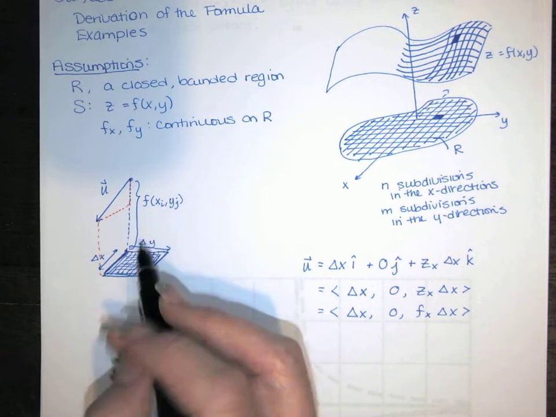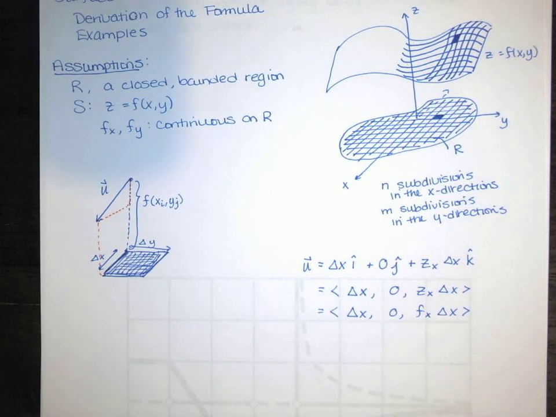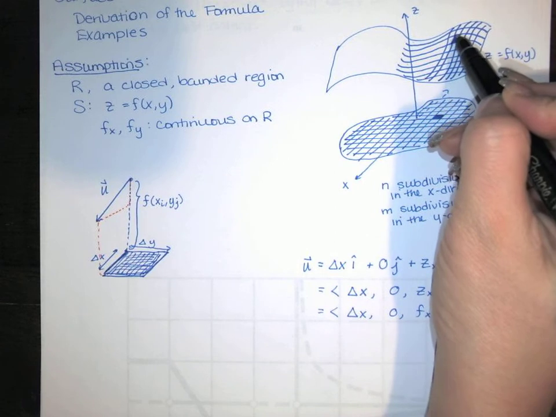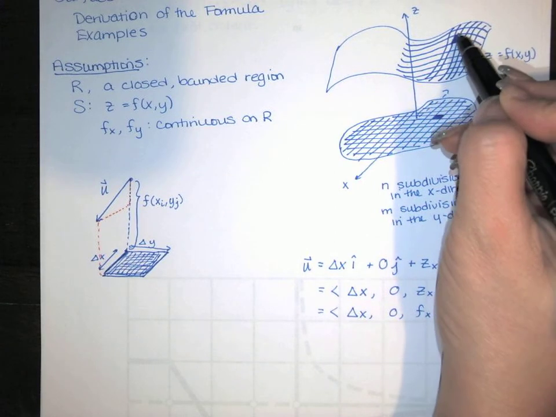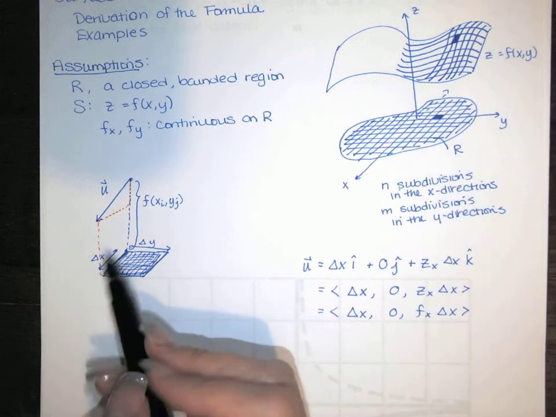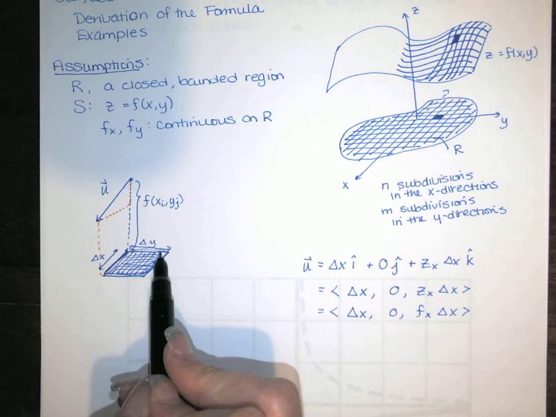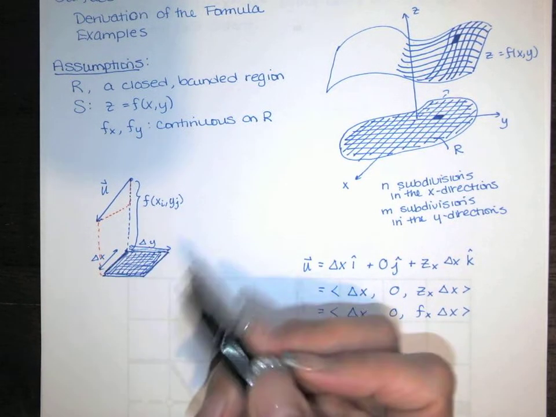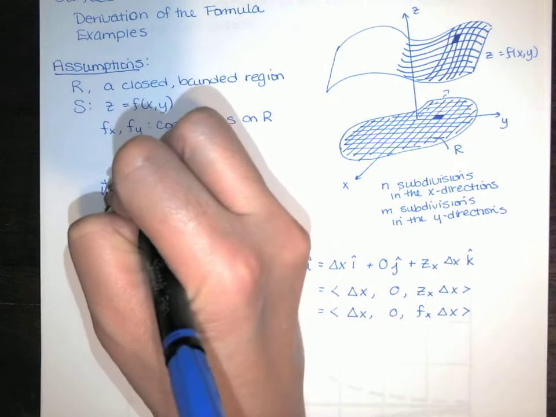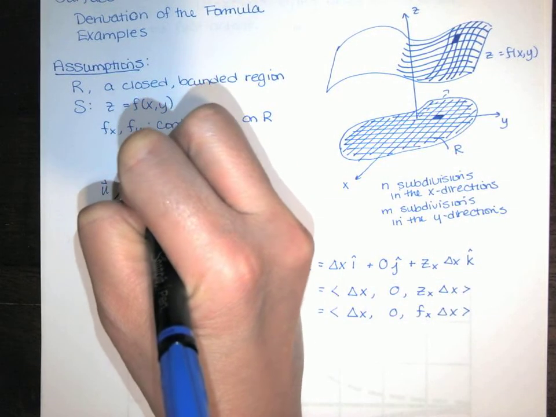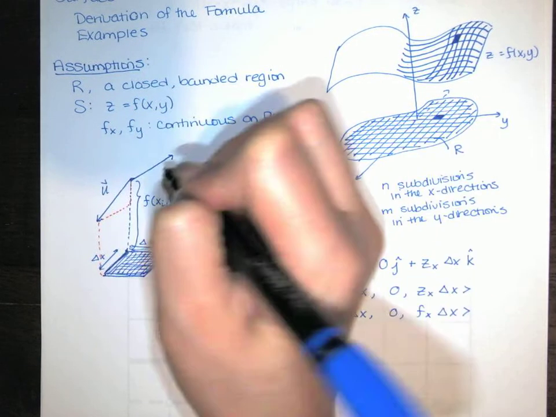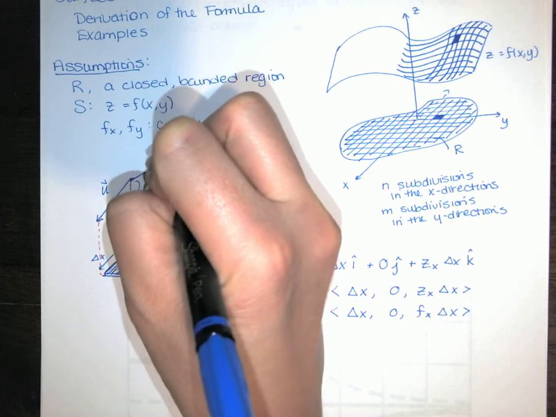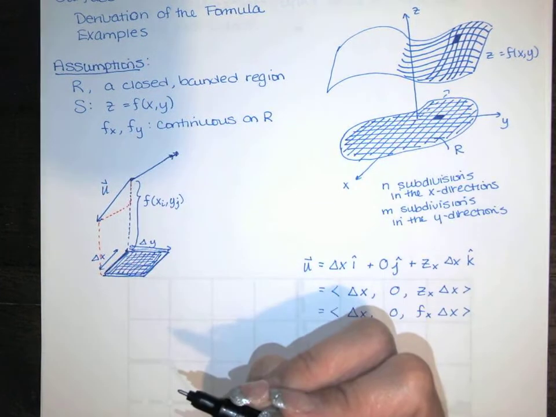We're going to do the same thing over here. I want a vector here that has the same slope as the surface, but goes entirely in the y direction, and it's lying above this line segment in the xy plane. So maybe my surface looks like this. Maybe it goes up in the y direction at that point.